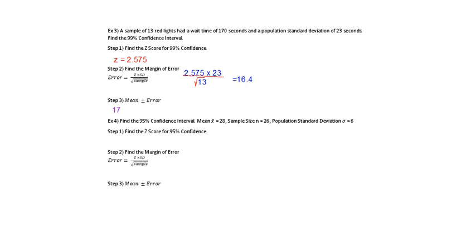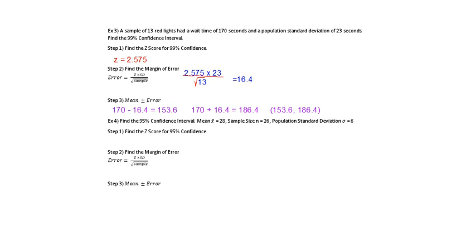So we're going to do 170 subtract 16.4, which is equal to 153.6. And then 170 plus 16.4, which is equal to 186.4. So our confidence interval is 153.6 to 186.4. All right, very good.